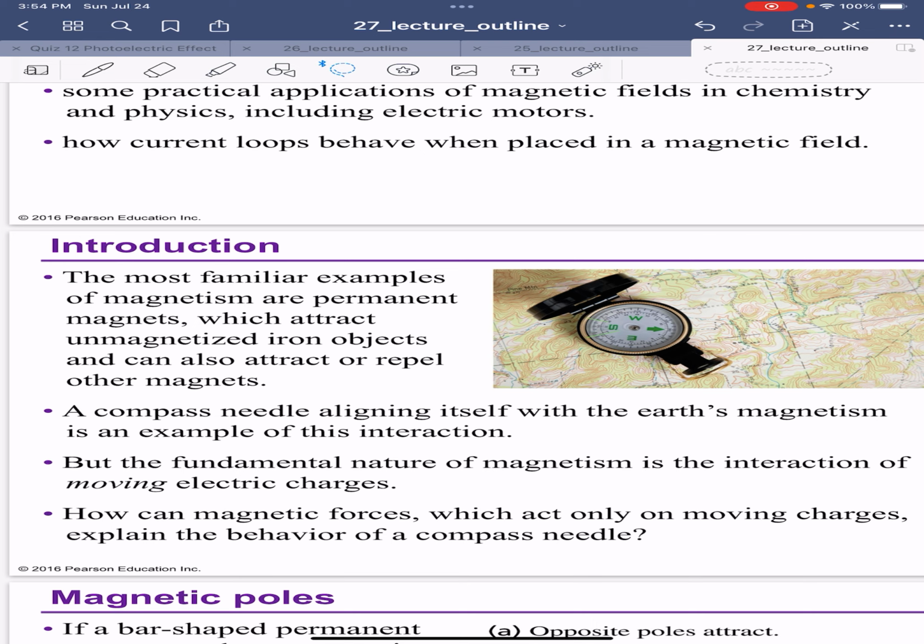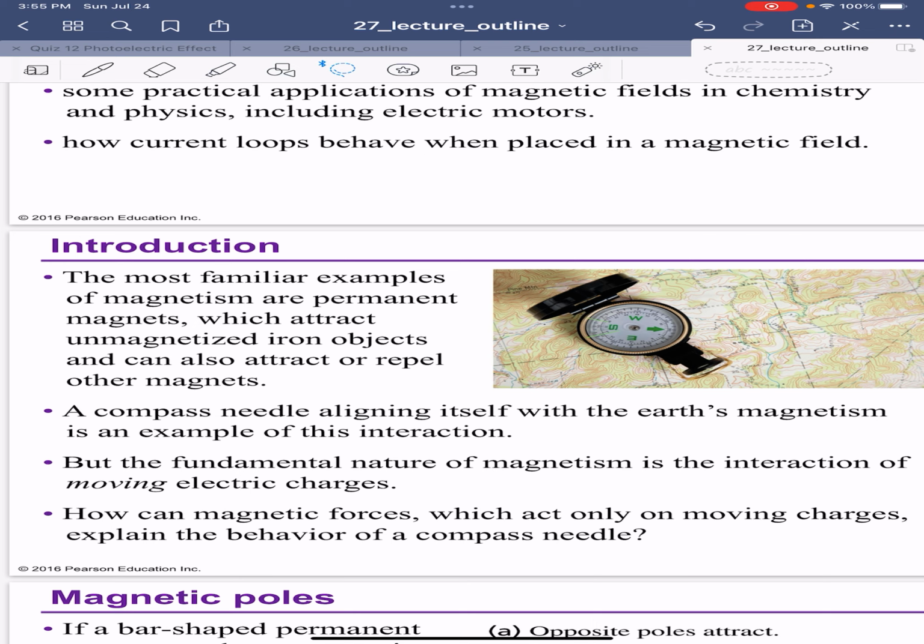We're going to find that some materials are able to attract unmagnetized iron objects, and some materials can be attracted and some are not.